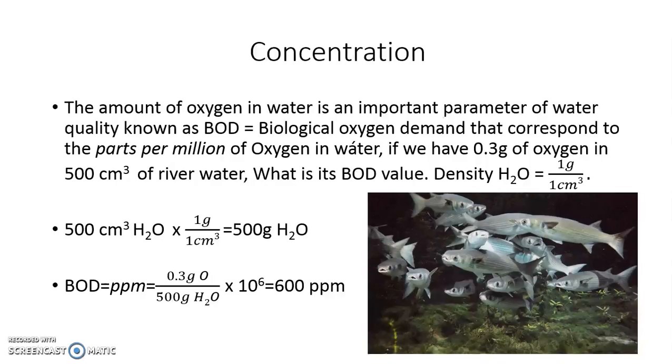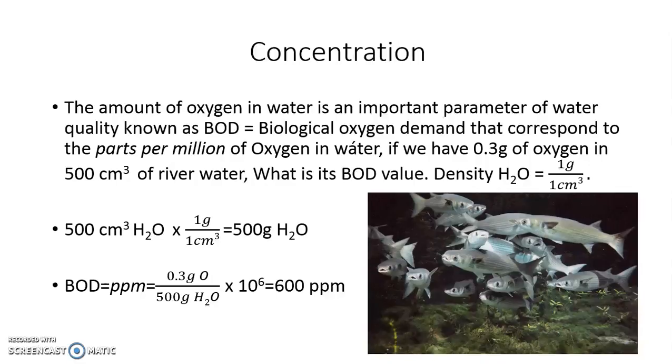So if we have 0.3 grams of oxygen in 500 cubic centimeters of river water, what is the biological oxygen demand value? Let's remember that the density of water is 1 gram over 1 cubic centimeter.